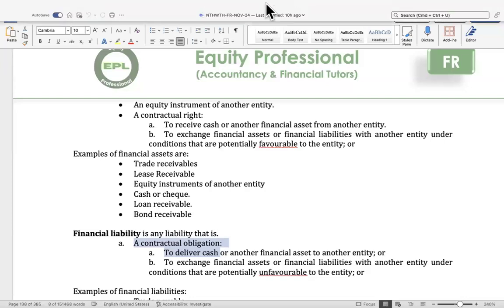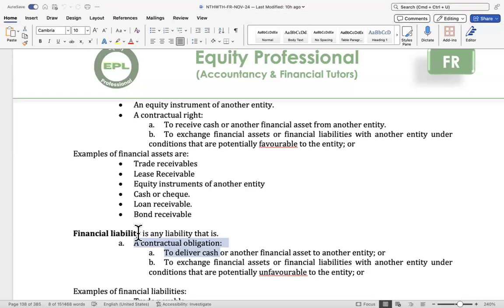And I raised the issue of taxes. When you have tax liability, Olakule said it is a financial liability because there is an obligation to deliver cash. Yes, there is an obligation to deliver cash, but it's not contractual. I don't have a contract with the government.